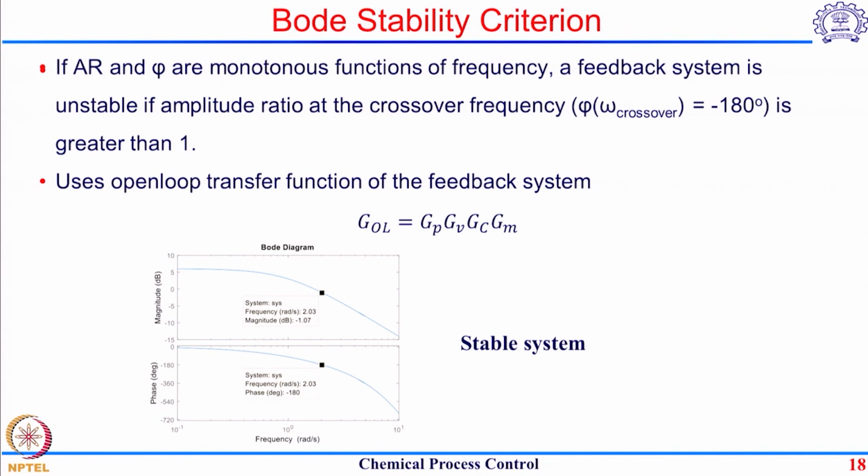So, just naturally following from this thought experiment, what we have found is that using the Bode stability criteria, all we need is to compute the corresponding crossover frequency and check the amplitude ratio. If it is greater than 1, the system is unstable.